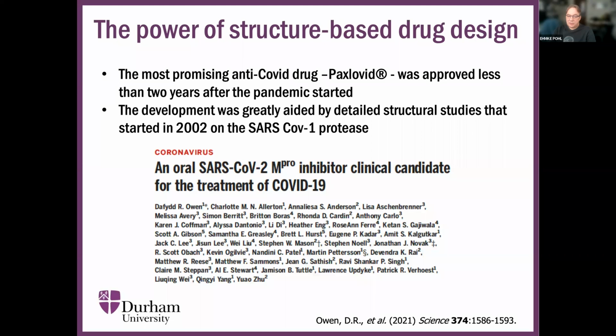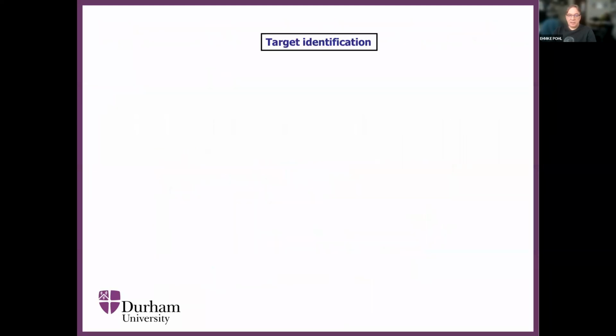So what I'm trying to do in my talk is give a bit of an overview of how we as a community approach structure-based drug design and where we can support other studies. I'm going to start with an easy introduction on how, in principle, we visualize the structure-based drug design approach.